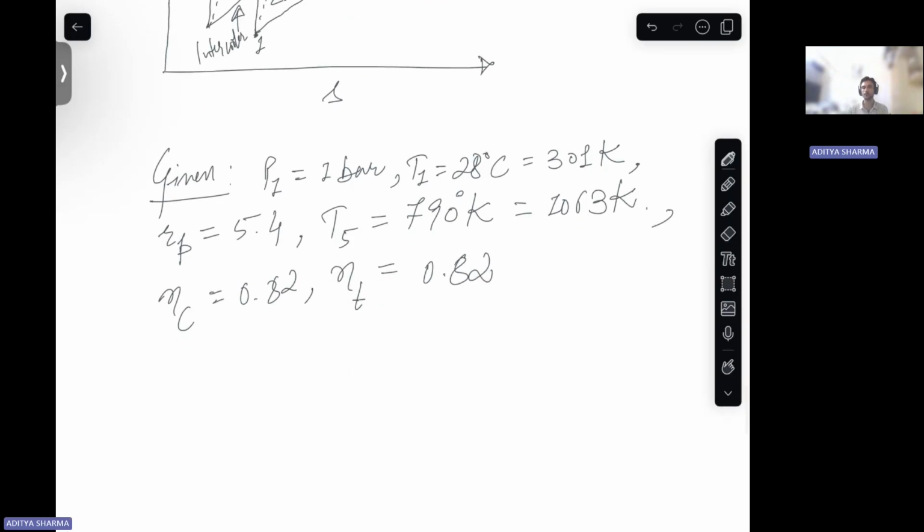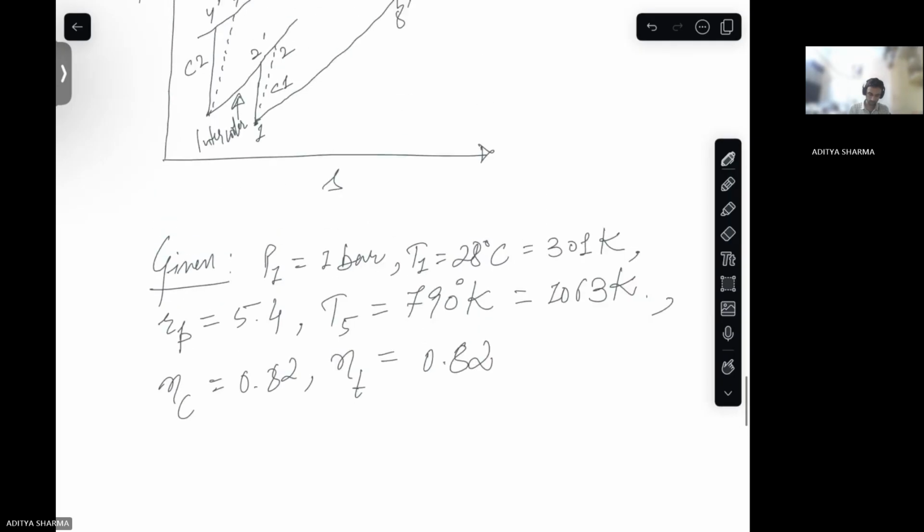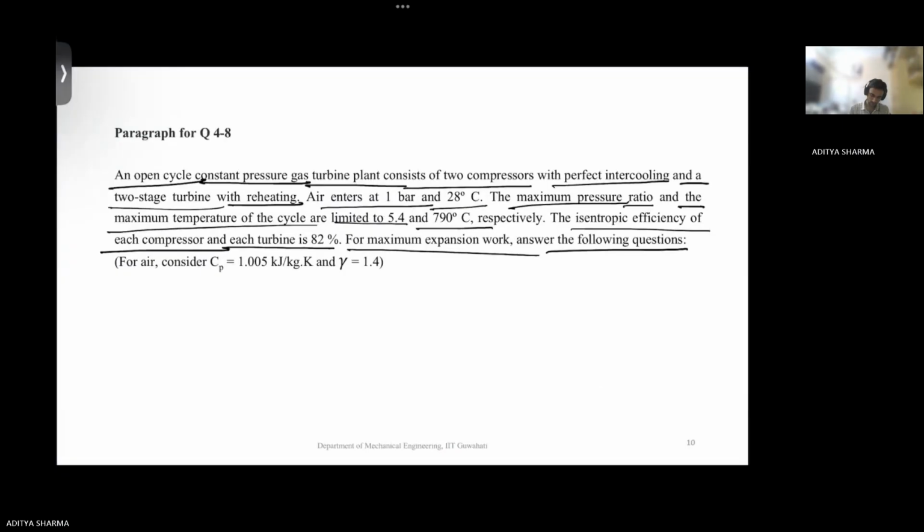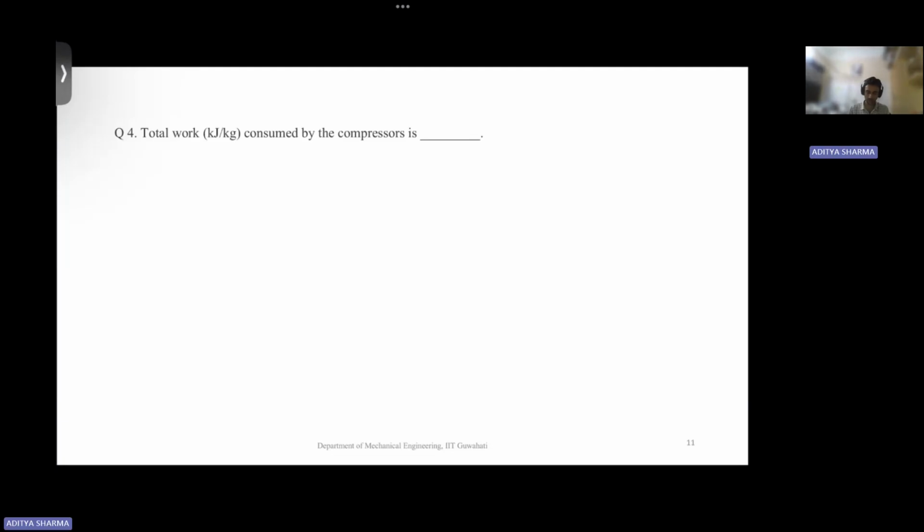So this has been given to us. Then let's see the questions. First is total work consumed by the compressors.